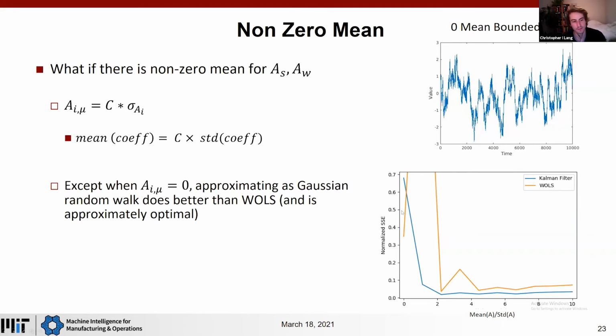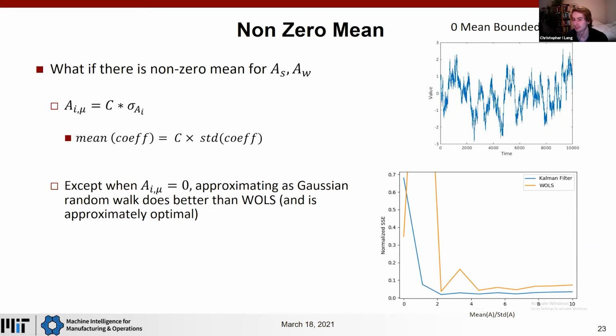And in this case, I just compared WOLS to the Kalman filter, sweeping the mean value over the standard deviation of the individual coefficients in A. And the only case where the WOLS outperforms it is when the mean of these coefficients is 0 and our assumption is broken. And in all other cases, the Kalman filter outperforms it and is the approximately optimal system.